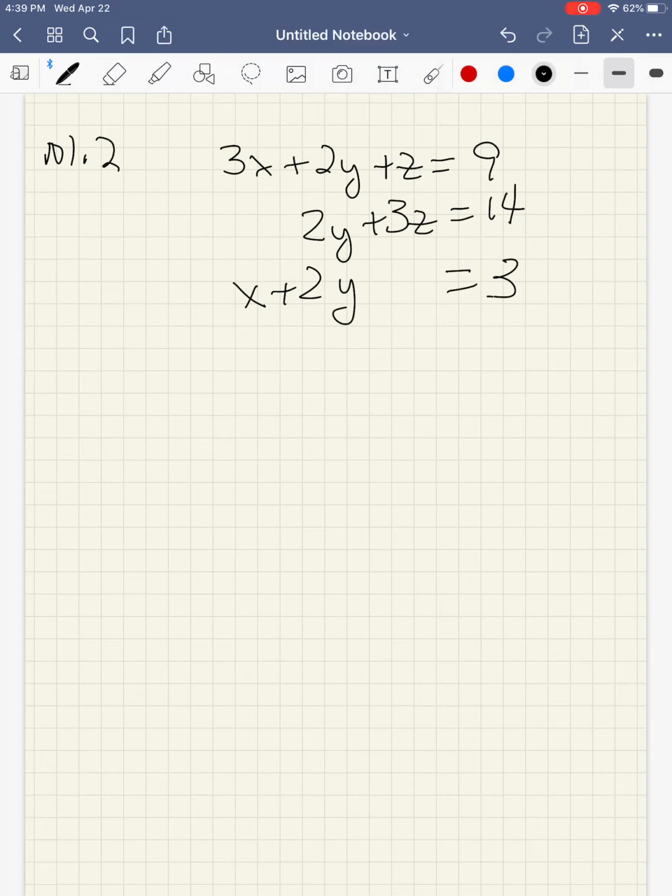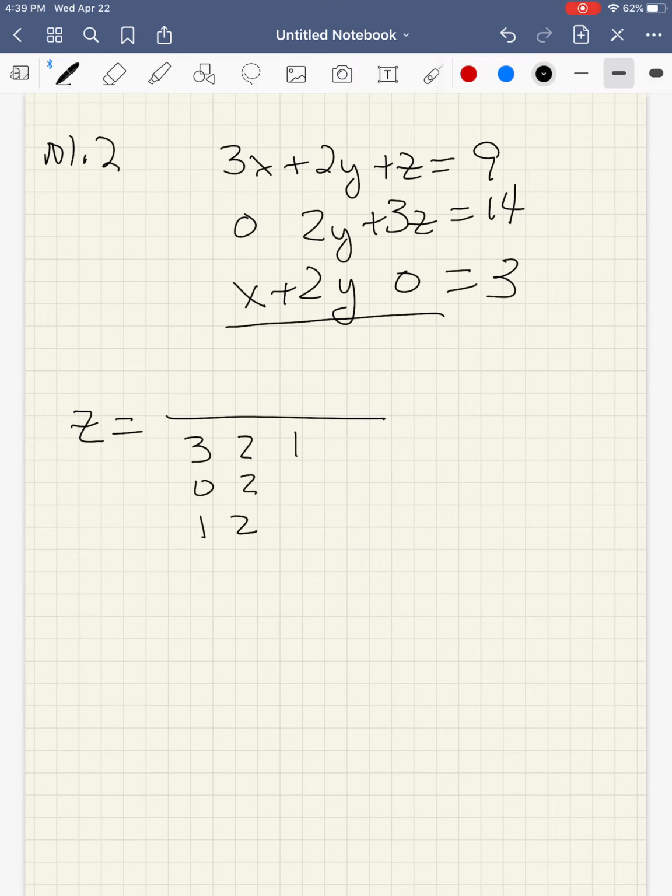All right, so anytime there's a variable that's missing, remember we're going to put a 0 in that spot. So when we fill in the matrix, we have the full matrix. So we're solving for z this time. So the denominator, remember, is this right here. So that would be 3, 0, 1, 2, 2, 2, 1, 3, 0.